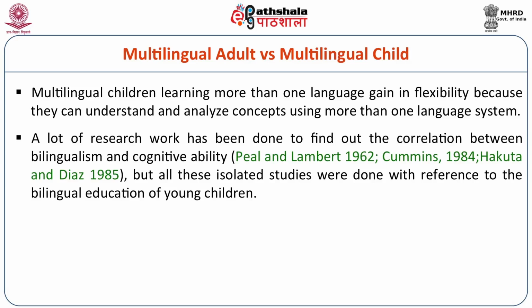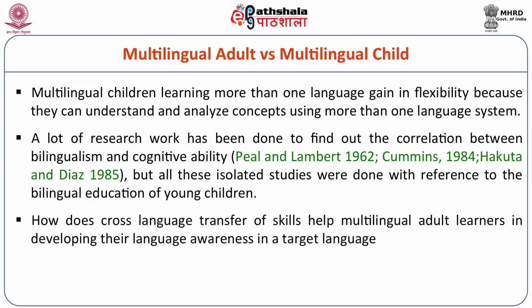Especially in this regard, the study done by Peel and Lambert can be cited. But all these isolated studies were done with reference to the bilingual education of young children. How does cross-language transfer of skills help multilingual adult learners in developing their language awareness in a target language? That is still to be discussed.